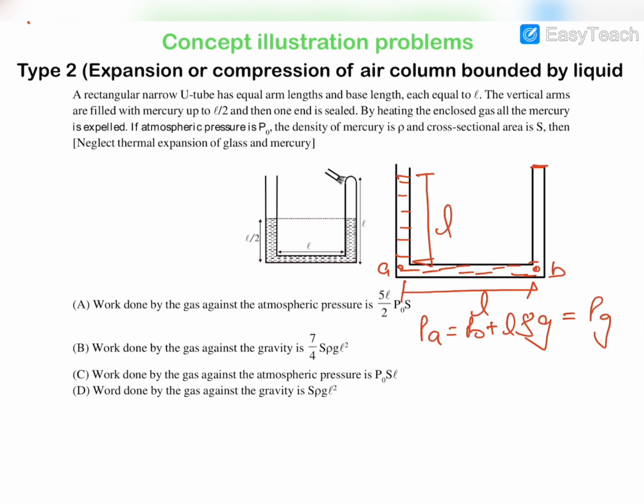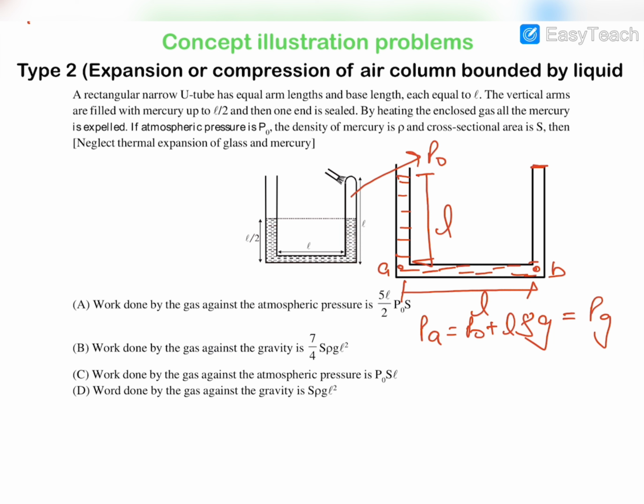Initially the gas pressure was P0, because these two levels are same, and therefore the pressure at these two levels will be same. So obviously the pressure is changing, initially it was P naught, and now the pressure of the gas is P naught plus L rho g.